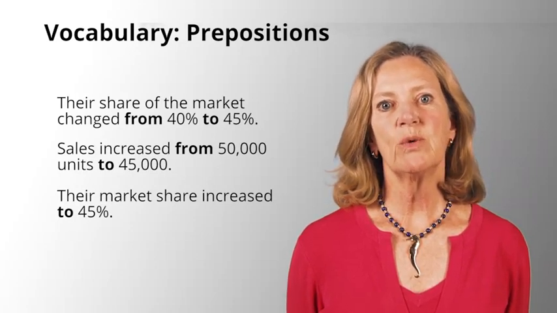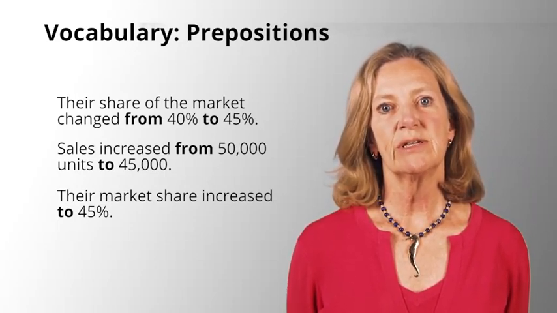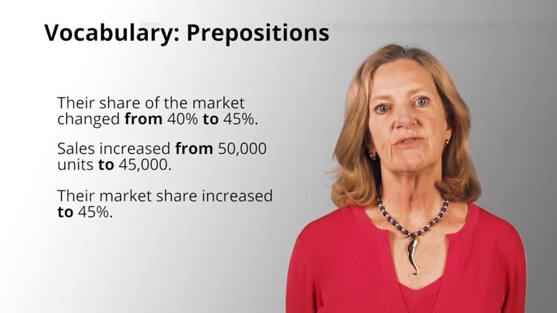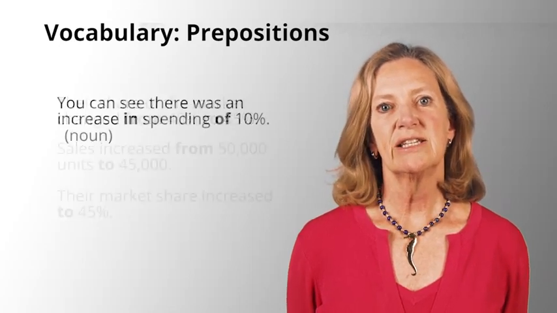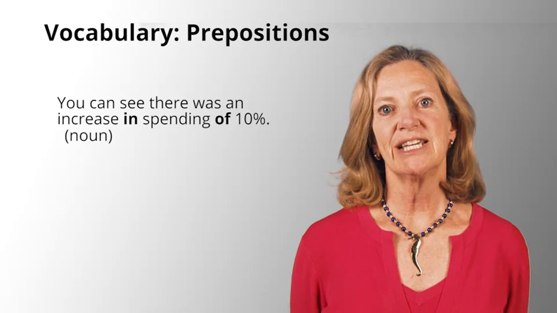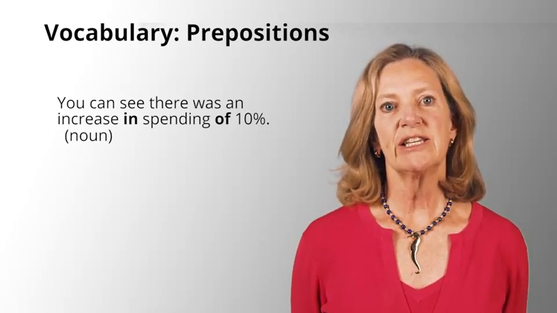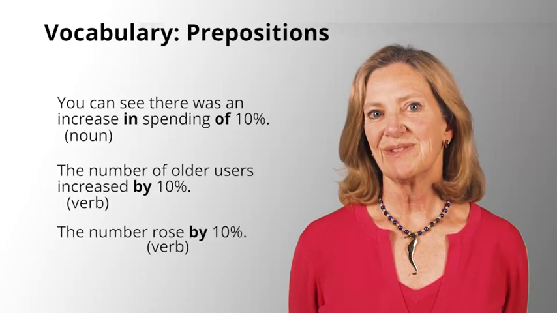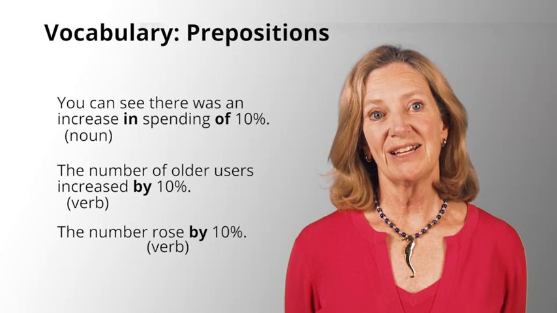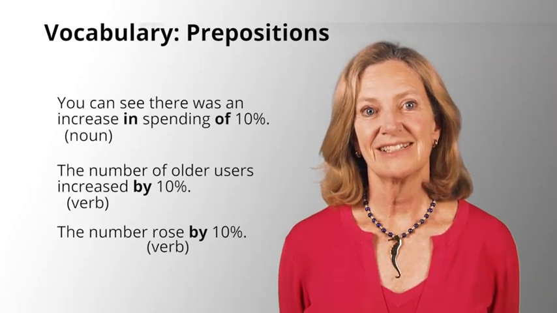Sometimes we only point out one end of the change. For example, their market share increased to 45%. Notice again the use of the preposition in to show what the change was in. If you want to say how much, then you use the preposition of after a noun. However, after a verb, use by or no preposition.